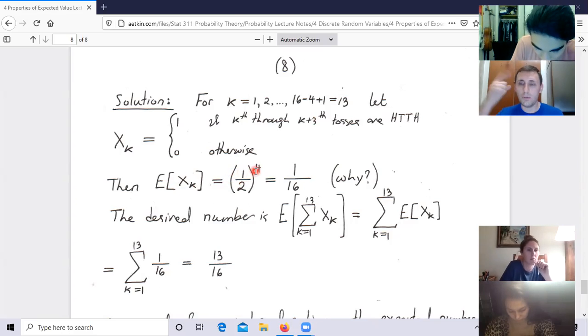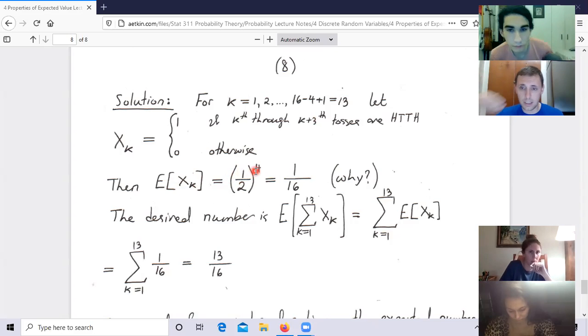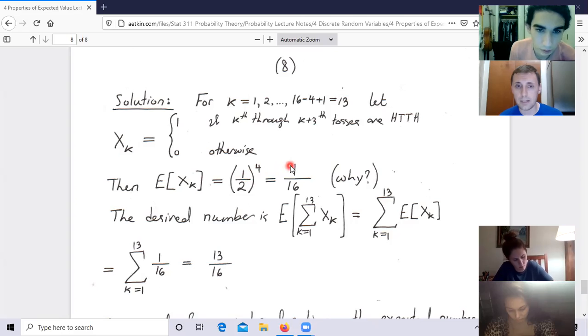You agree? 1/2 for the first entry that xk is looking at is H, the next is T, the next is T, the next is H. Each of them is 1/2. So I multiply 1/2 by itself 4 times, and I get 1/16.